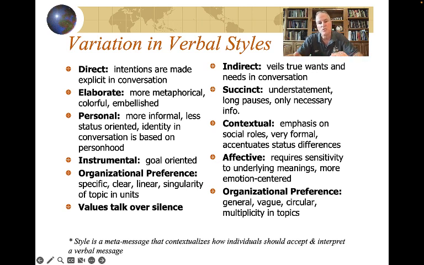So that instrumental affective emotion, maybe think of it as emotional intelligence, or the acuity of the emotional content in what you're saying. Organizational preference has to do with the way talk happens, the organization of talk.